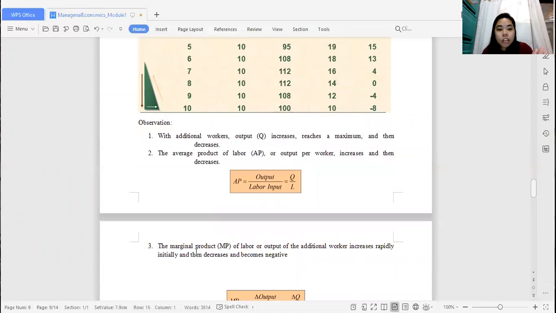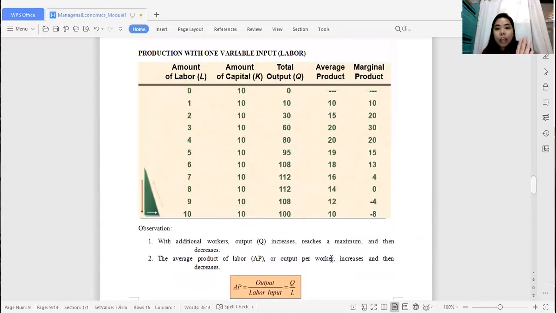Then the marginal product of labor, the output of additional workers, increases rapidly initially and then decreases and becomes negative. So the marginal product increases rapidly. So 10, 20, 30, then it goes back to 20, 15, 13, 4, and eventually becomes negative.